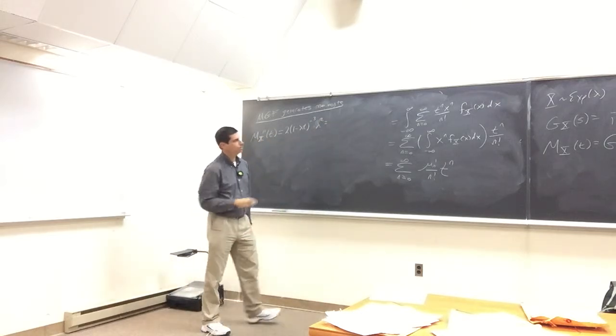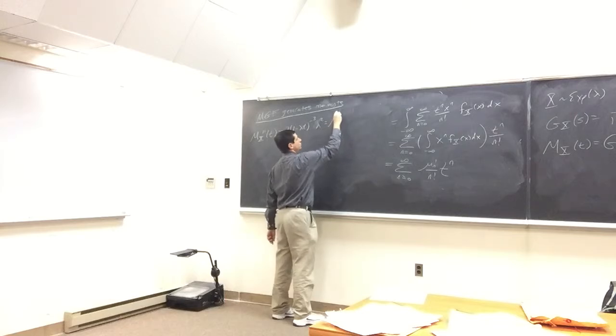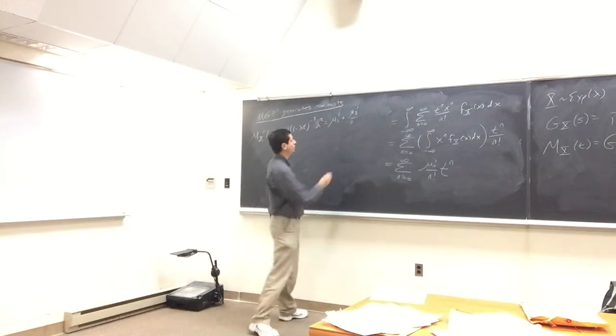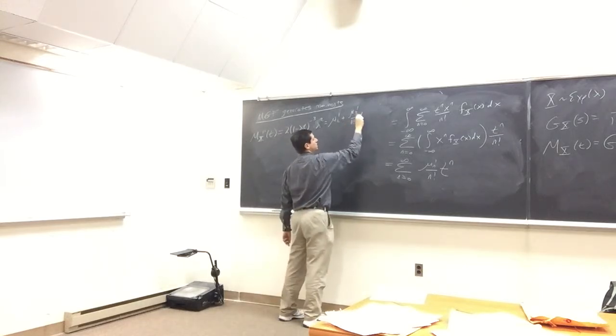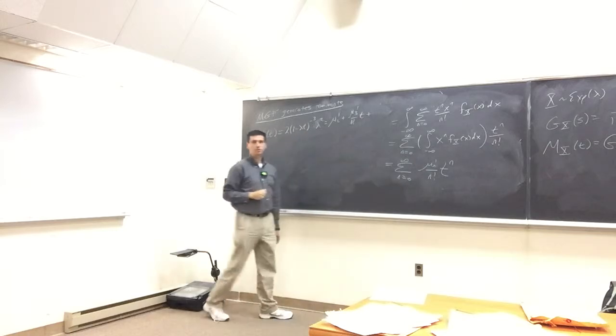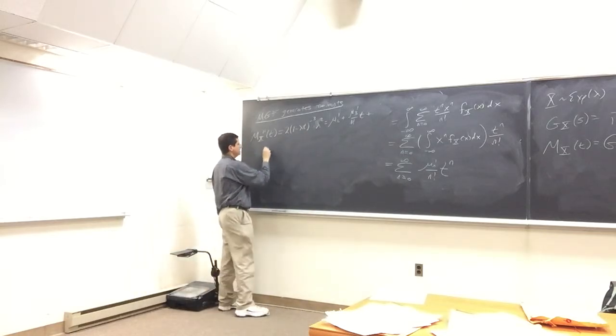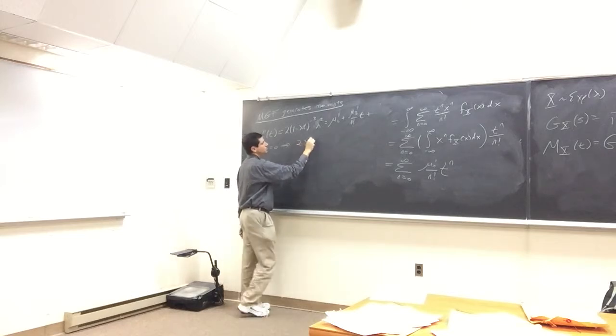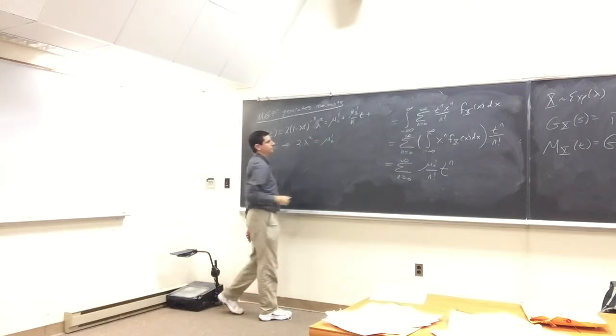And that will be equal to mu2 prime plus mu3 prime over, we had 2 factorial over 1 factorial t plus dot dot dot. So now if we take t equals 0, that gives us 2 lambda squared is mu2 prime.